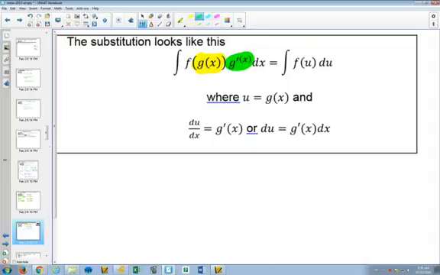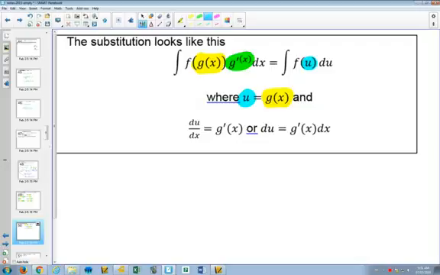Then what we're allowed to do is introduce a new function u. We make it equal to our original function. So instead of having f of g of x, we have just f of u now.